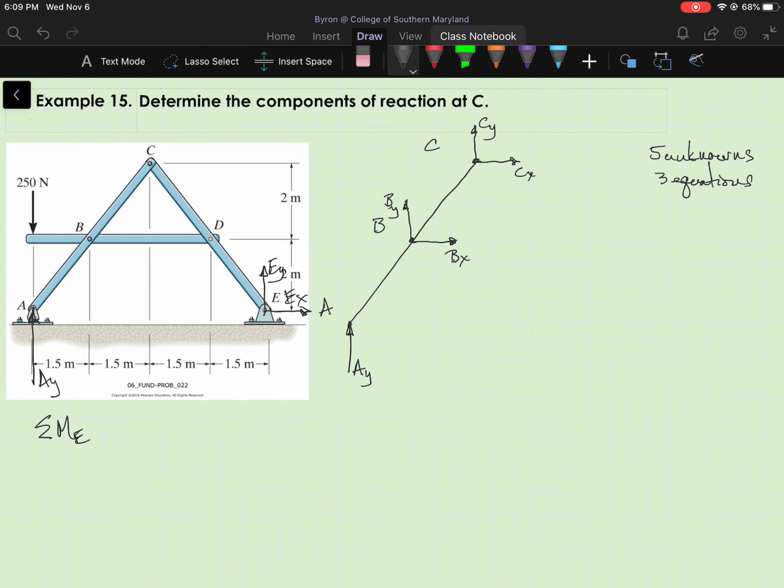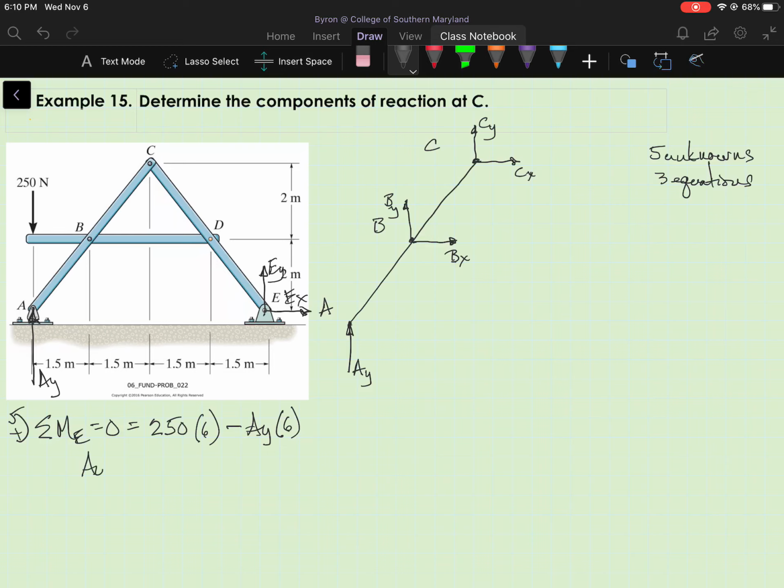Sum of the moments about E equals 0, equals the moment of the 250 Newton force about point E, which is 250 times 6, minus the moment of A sub y about E. It's going clockwise, so it's negative, therefore the minus sign, and that's going to be A sub y times the same 6 meters.